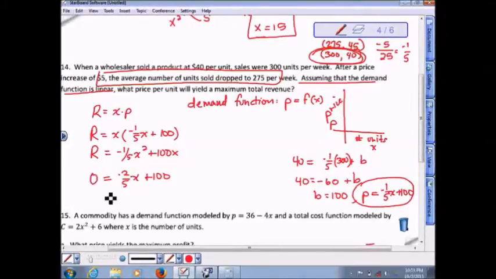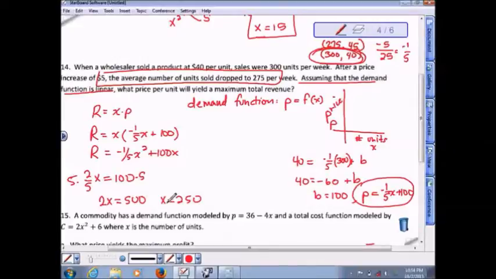If we set that equal to 0, I'm going to add this term to the other side and end up with that. Multiply both sides by 5. You get 2x equals 500. Divide by 2 and x equals 250.